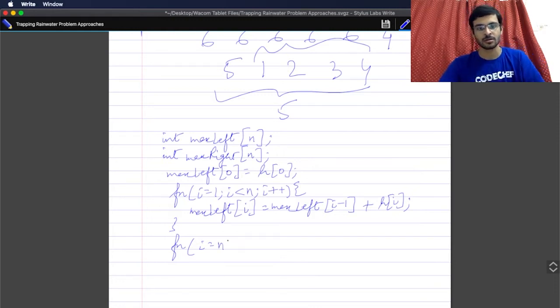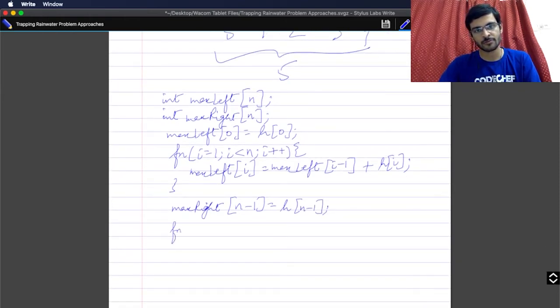n. Now we have to keep the base case for max right also. So the base case is max right, sorry, max right n minus 1 is equal to h n minus 1, and from here we know that for i equals n minus 2, i greater than or equal to 0, i minus minus, we can find out in the similar manner.